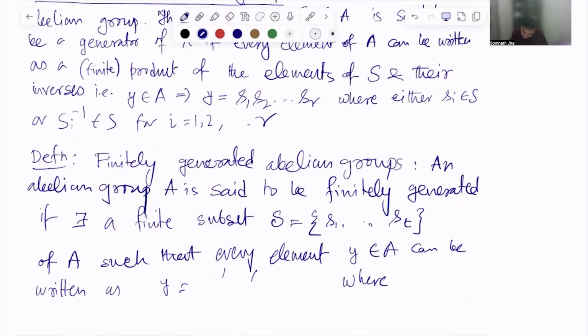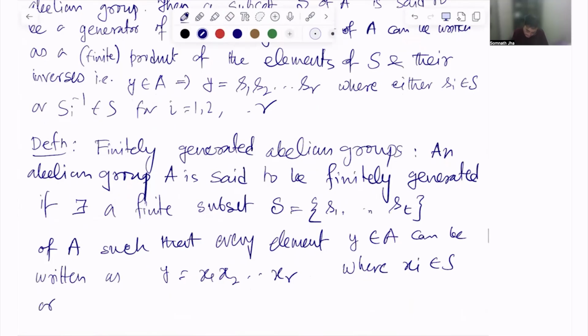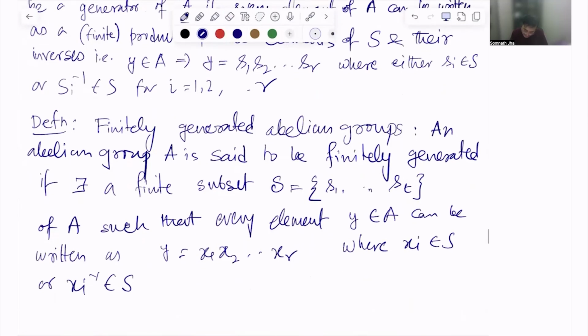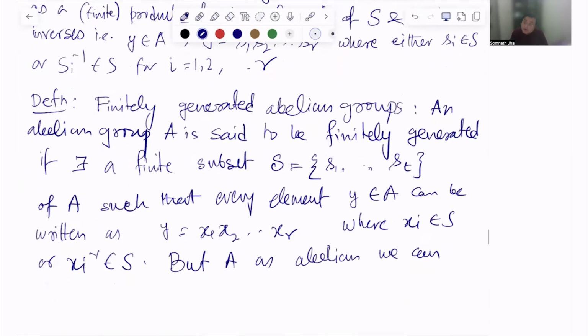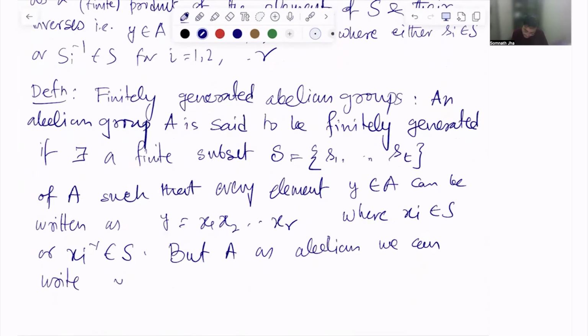Or let's simplify notation: X1, X2, up to XR, where Xi belongs to S or Xi inverse belongs to S. But as A is abelian, if you think for a moment, we can collect terms. So if X1 is S1 and X3 is S1, then we can put it as S1 squared.